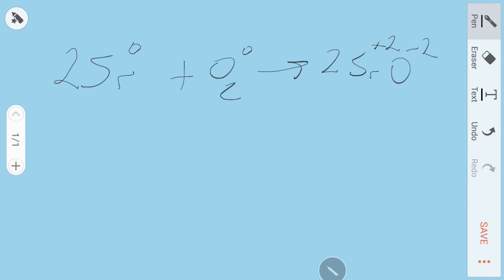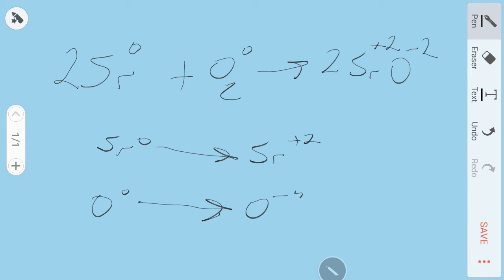Fantastic. So, when looking at this, strontium went from having a charge of 0 to +2. And oxygen had a charge of 0 and went to -2.